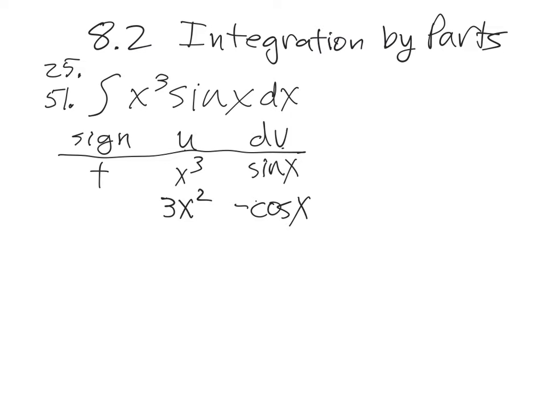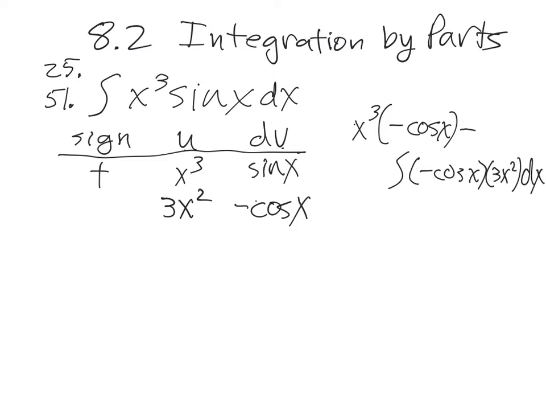Well, in our normal process, we would take u times v and then minus the integral of v du. And then we would go again, we'd actually have 2 or 3 more integration by parts here.